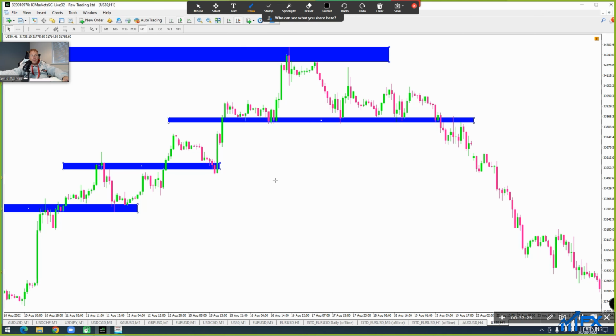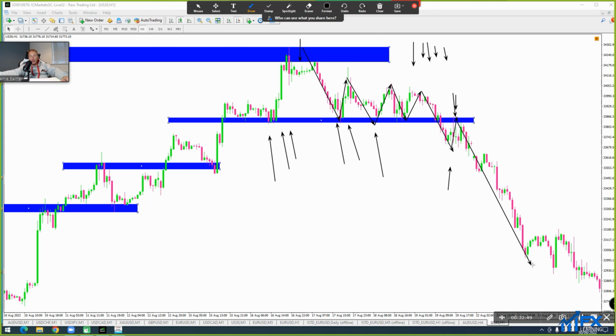So you would have had buyers buying here, you then would have had sellers selling here, and you get this kind of mishmash between buyers getting taken out because sellers drive the price down, then sellers getting taken out because the buyers drive the price up, then price zigs around for a bit, then it creates a new low which is there, then it retouches that previous low which is just here, retouches it, bang, price drops.